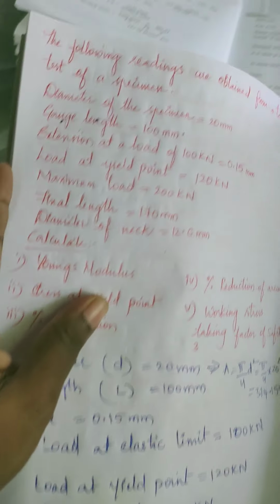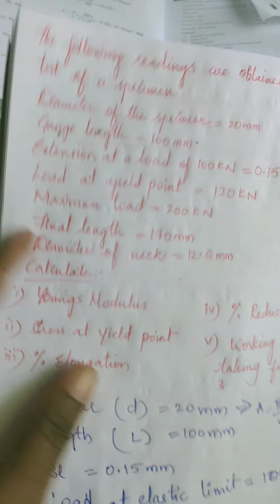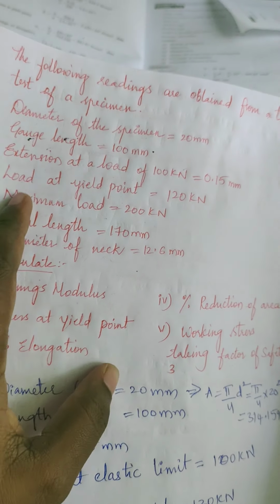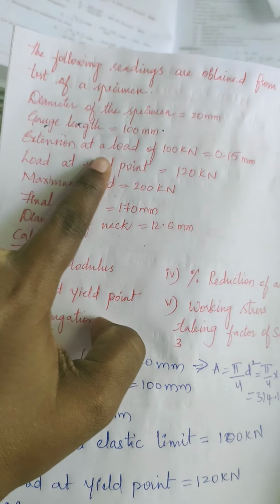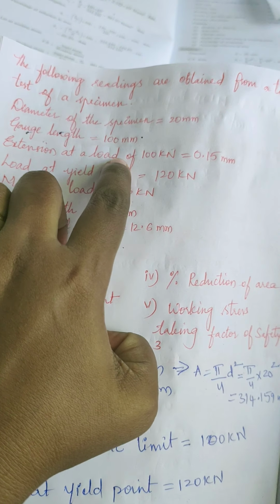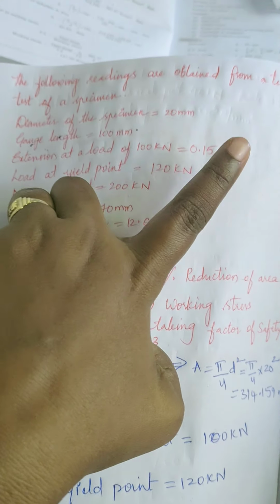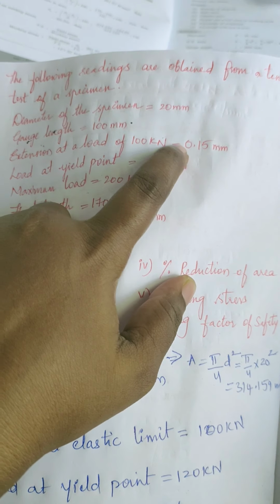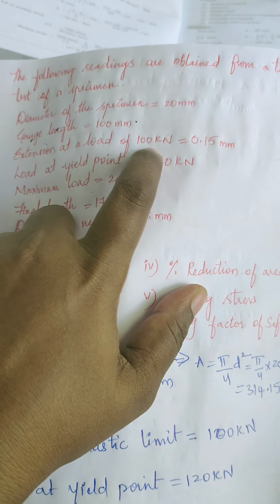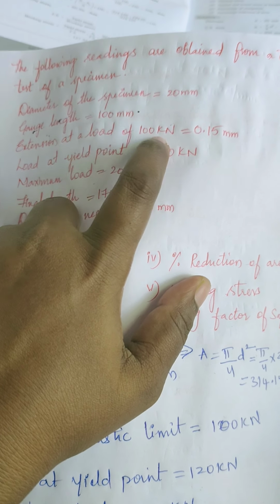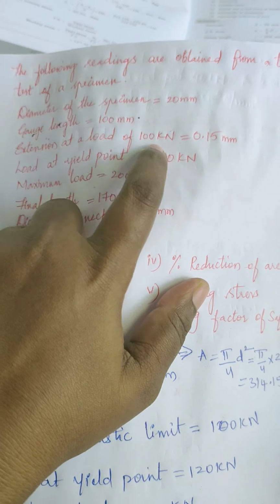The most important thing is you need to check what is the load. If you are calculating the Young's modulus, you should take within the proportionality limit. So here if extensions are given, then you should take simply that as the load for finding the stress for calculating the Young's modulus.